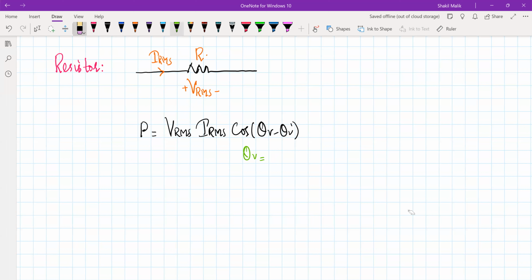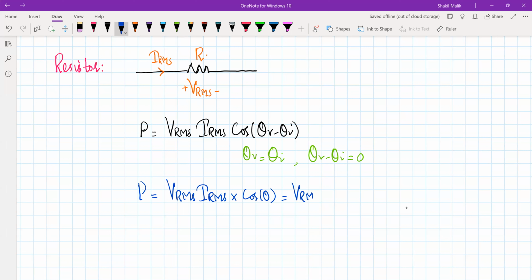In other words, in a resistor the voltage and current are in phase. So what is theta V minus theta I? That's equal to 0. Substituting the value, we get P as Vrms Irms multiplied by cosine of 0, and cosine of 0 is 1.